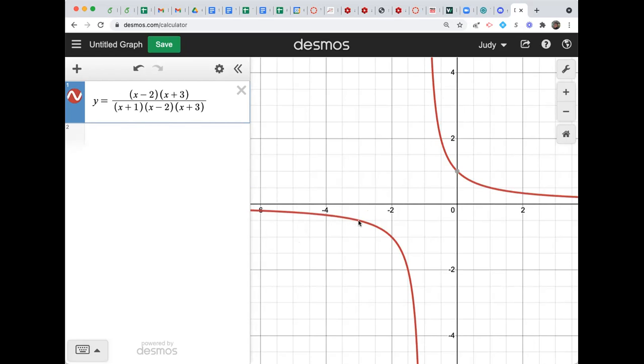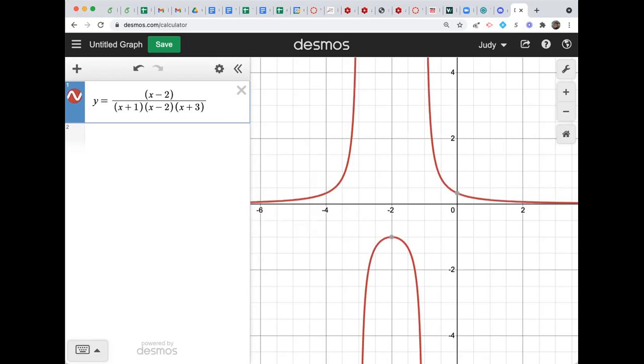So Desmos is great. You can use it to graph a function, or as a calculator, but you can also use it to help you think about those patterns. If I just put x plus 3 in the bottom, so it's not on the top anymore, it's only on the bottom, guess what I did?